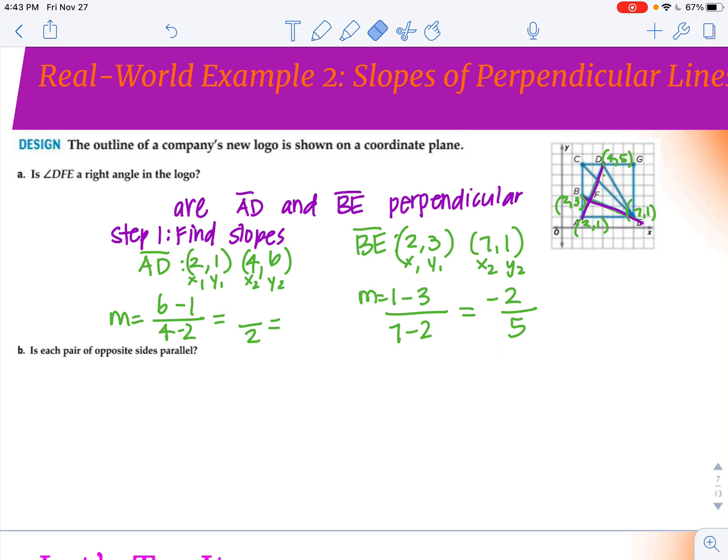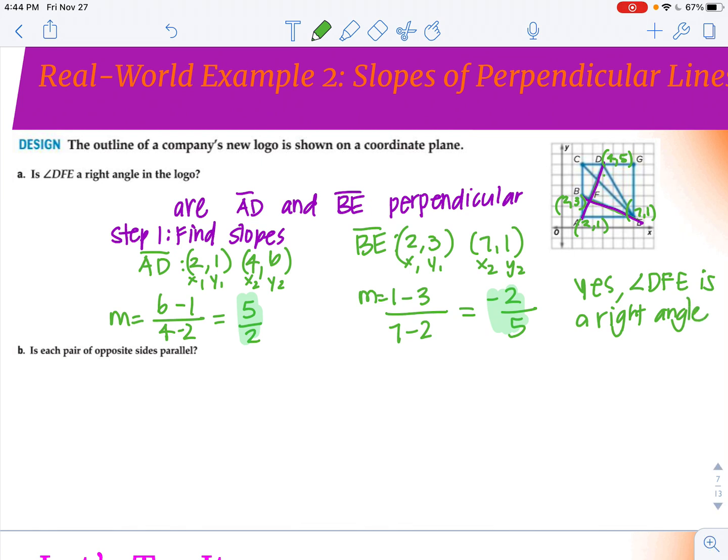So we would get 5 over 2, which is equal to 5 over 2. So you can see that we do in fact have opposite reciprocals, because we have a 5 over 2 and a -2 over 5. So yes, angle DFE is a right angle.